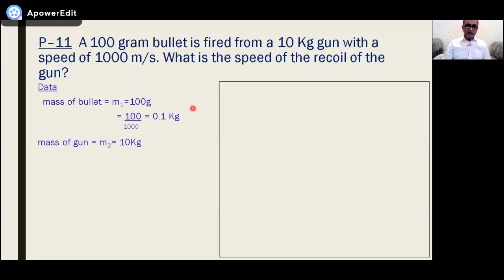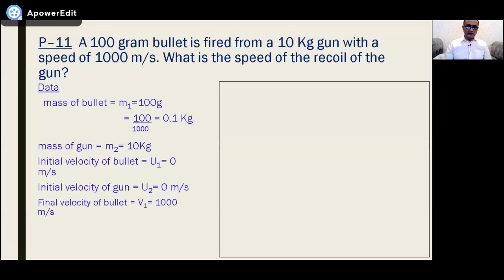Dividing 100 by 1000, it will give you 0.1 kilogram. Okay? Initial velocities of both of these bodies are 0. u1 is equal to 0 meter per second, initial velocity of the bullet, u2 initial velocity of the gun. Final velocity of the bullet is 1000 meter per second. And the final velocity of the gun we have to find out.